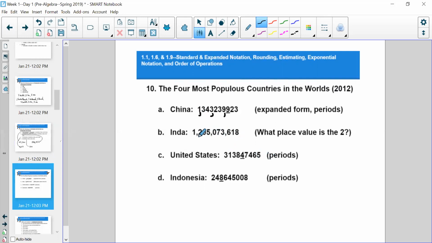So if I'm asking what's the place value of the 2, well, then you're thinking your hundreds, your thousands, your millions. So that 2 here would represent the 200 million place value. The United States would have 3 place values, a comma, 3 and a comma, so we'd be at 313 million.